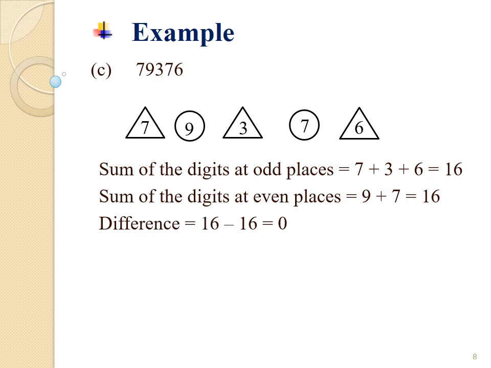Thus, 79,376 is divisible by 11. Students, we learn the rules of divisibility because it will help you in finding factors easily.